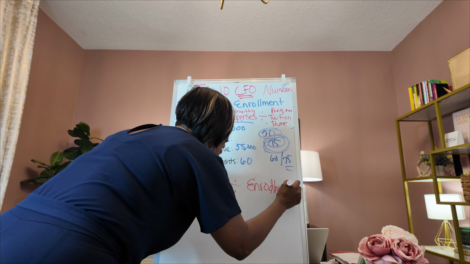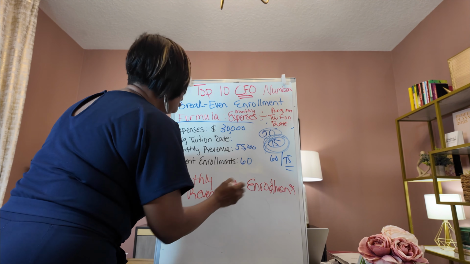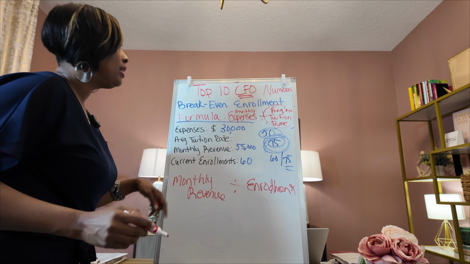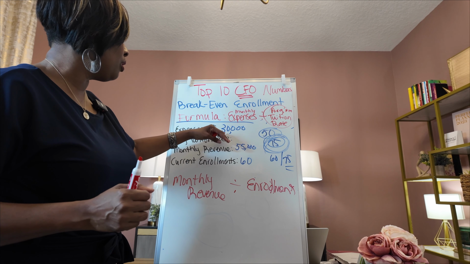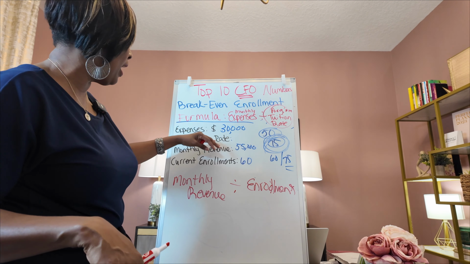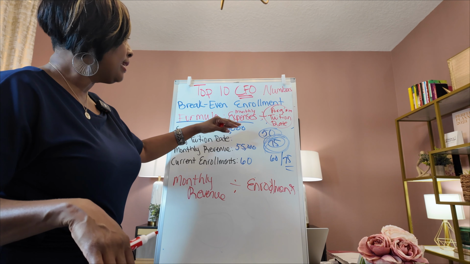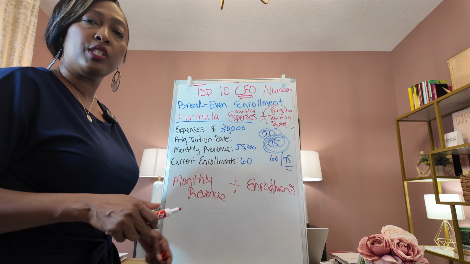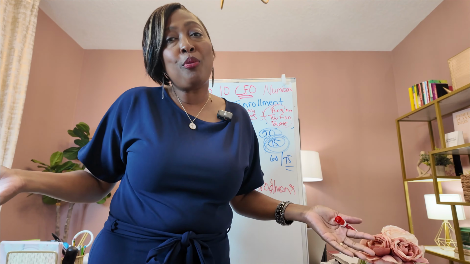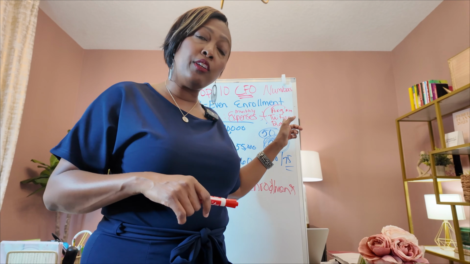That's how you figure out this number right here. Then you're going to take your expenses divided by that average tuition rate, and that's going to tell you what your break-even enrollment is, right? But you have to be able to calculate your average monthly tuition.